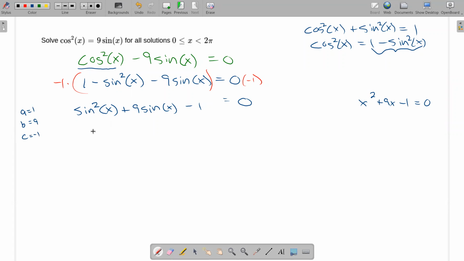So then quadratic formula, usually we write x equals. Here we're going to write sine of x equals negative b, so -9 plus or minus the square root, and remember, slow down here, b squared. So 9 squared is 81, that's okay, minus 4 times a times c, all over 2a.